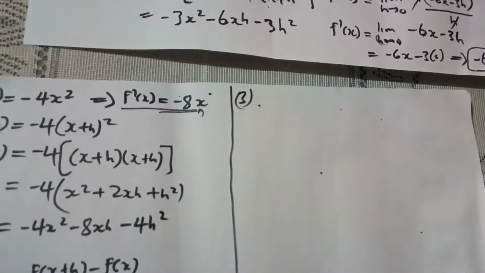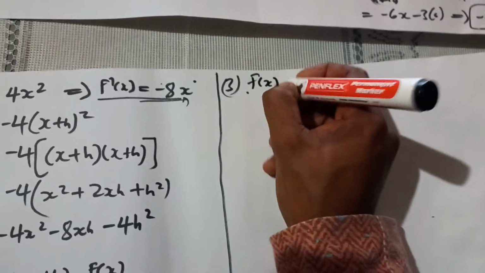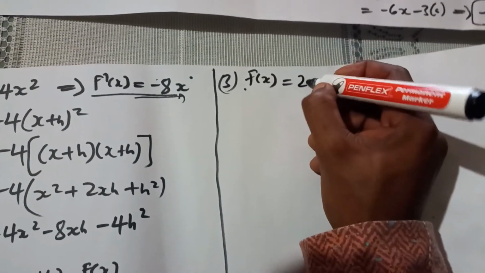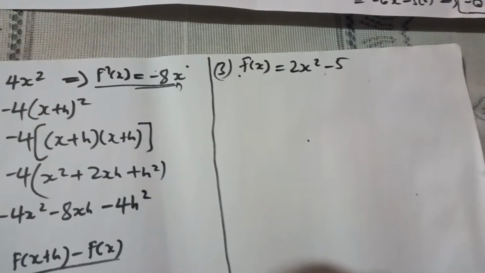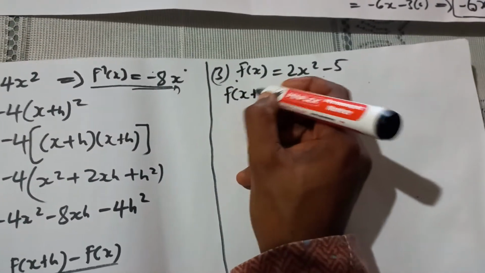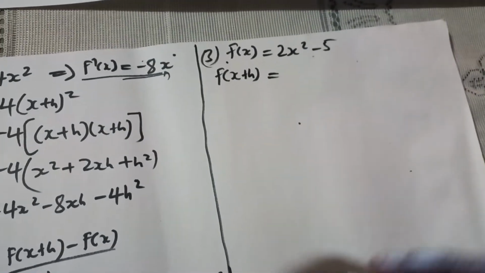Now we come to our number 3 example. Our f of x is equal to 2x squared minus 5. Remember, when we are looking for x plus h, whenever we see x, we put x plus h.